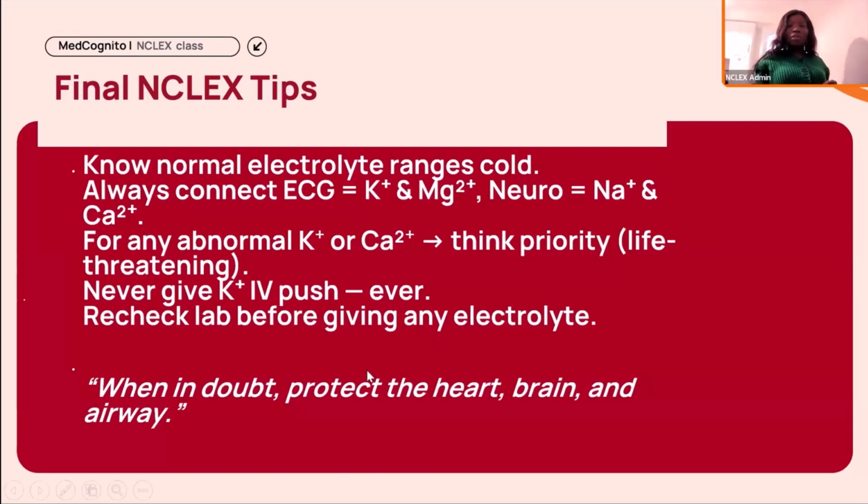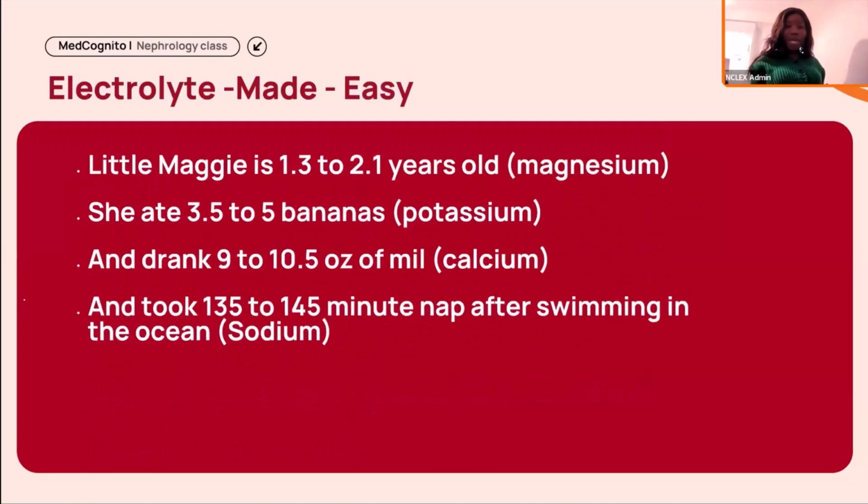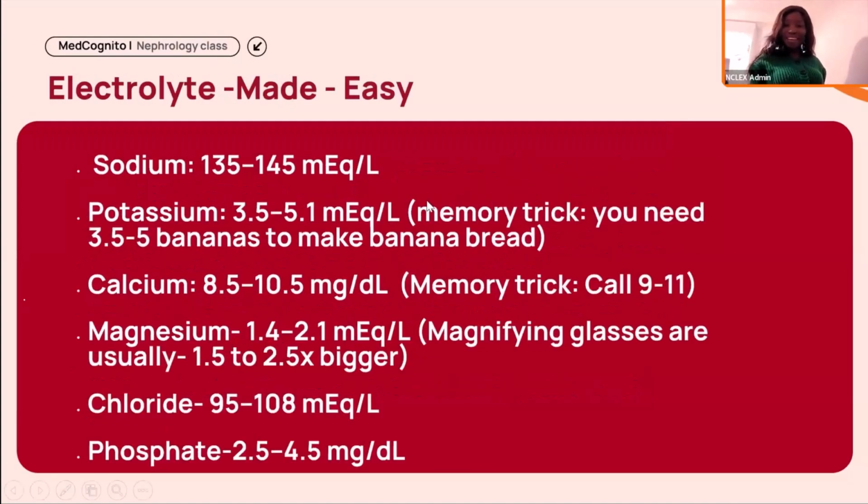When you are torn between what to do, when you're in doubt, you have to protect the heart, the brain, and then the airway. So remember the memory tricks that I gave you: 3.5 to 5 bananas to make banana bread. I will call 911, calcium, 9 to 11. Magnifying glasses, 1.5 to 2.5 for magnesium.